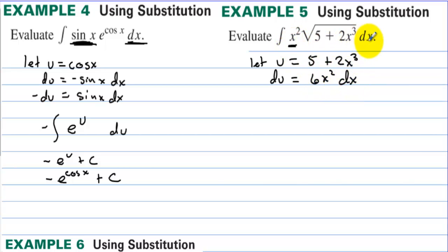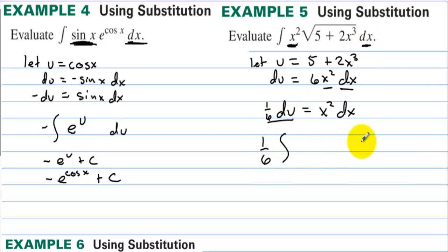Now we have the x squared dx. We have this much right here, but we don't have that 6 in the problem, which is not an issue because we can divide by 6. So we have 1/6 du is equal to x squared dx. So we can replace x squared dx now with 1/6 du.